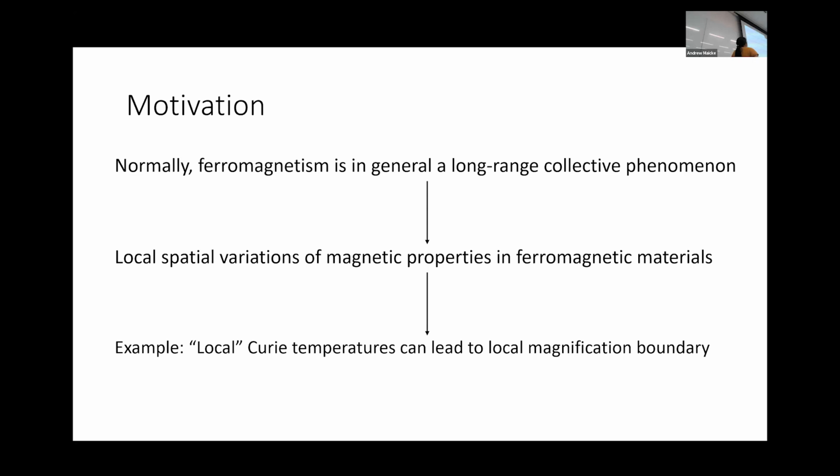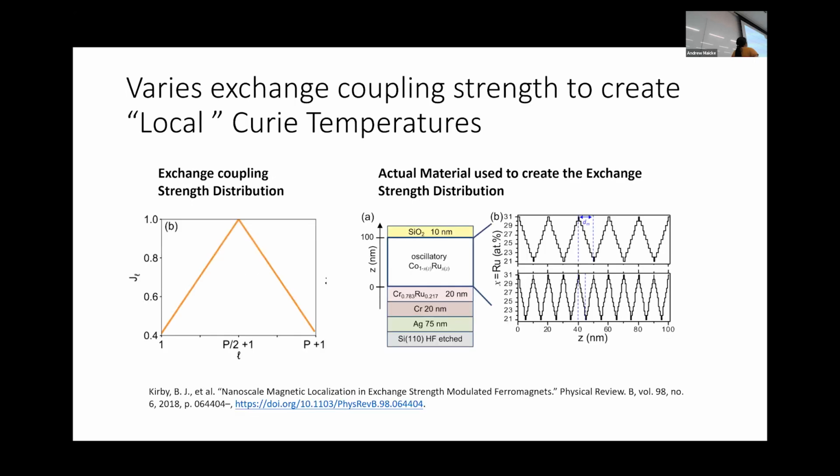Having a different local Curie temperature will help us create different magnetic regions, a small magnetic region at the same temperature compared to the first. The way we're going to make it is to use a varying exchange strength, exchange energy.